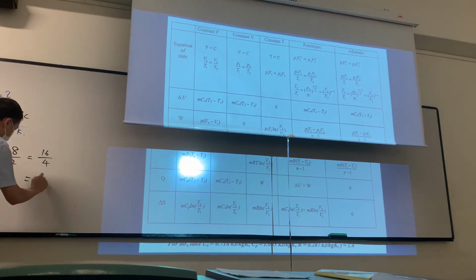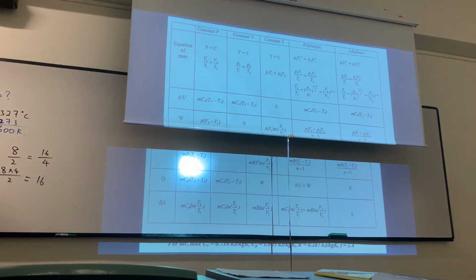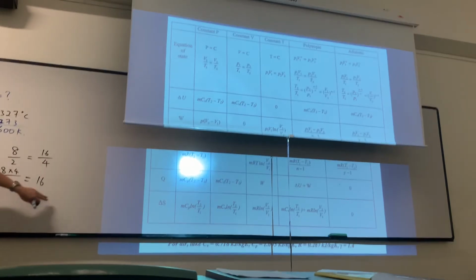What do I have? 8 times 4 divided by 2, that's 16. You use this simple method to confirm your manipulation. So T2 shifts to the left side and becomes multiply. So now I can use this one to find my P2 here.